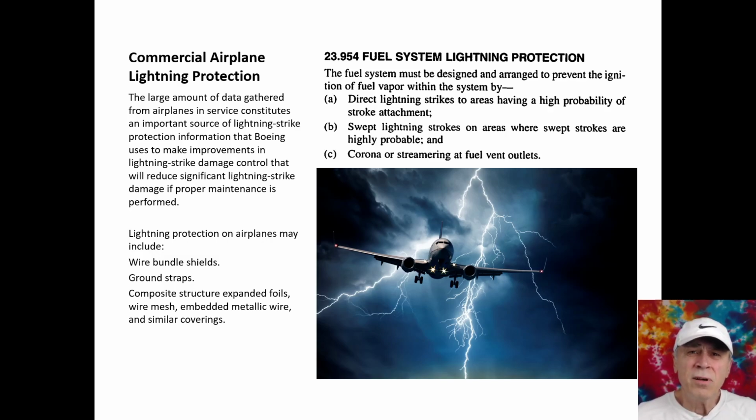You can see the regulation 23.954: the fuel system must be designed to prevent the ignition of the fuel vapor within the system by direct lightning strikes or swept lightning strokes or corona or streaming at fuel vent outlets. So lightning protection on airplanes may include wire bundle shields, ground straps, composite structure, expanded foils, wire mesh, embedded metallic wire, and similar coverings.